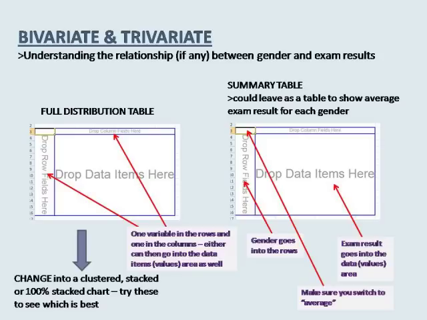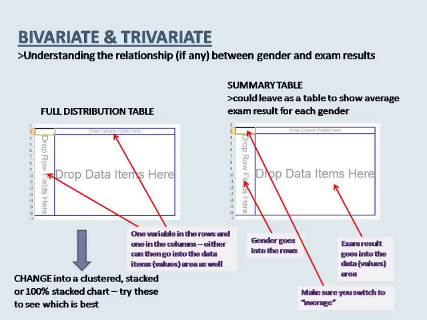But in thinking about gender, we can look at some of our basic numerical measures, but just on the specific exam results for one gender at a time. For example, we can see whether the average exam result for males is the same or different to the average exam result for females. Well, we could just sort the whole data set so that the exam results for different genders are grouped together and then just use individual average formulas on the groups.